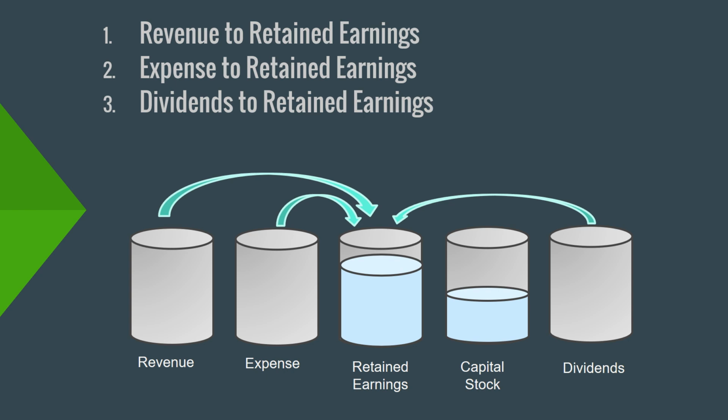Notice that we're not doing anything with the capital stock this time. With sole proprietors, we use capital as our dumping ground for all of our different glasses of water.